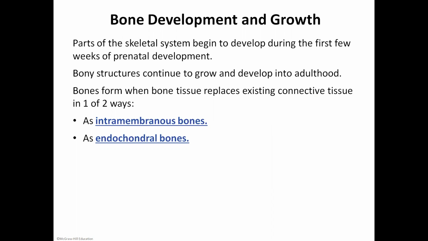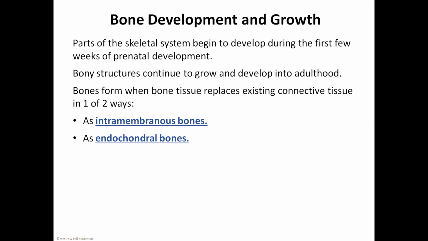And so when we think about how the bone development occurs, there's actually two different forms. And what is happening is that we actually have bone being the new piece, and it's actually replacing connective tissue. So again, there's two different ways to look at this. This could be either intramembranous ossification or intramembranous bones, or it could be endochondral bones and endochondral ossification.